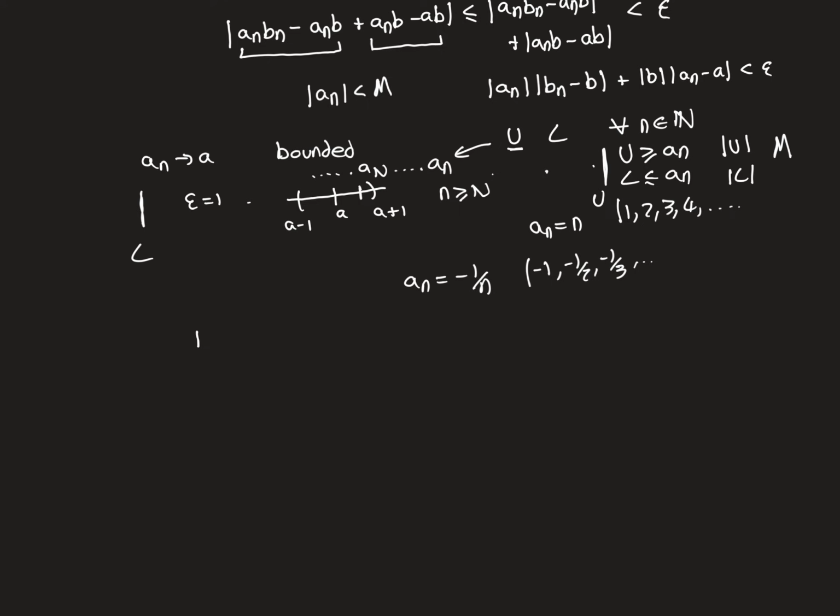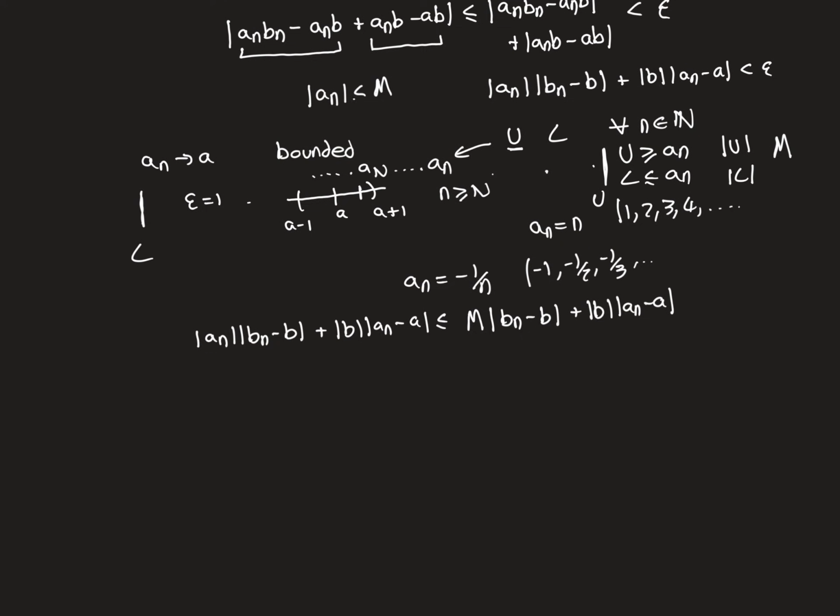So now I'm going to write another inequality. So mod of a_n times mod of b_n minus b plus mod of b times mod of a_n minus a is going to be less than or equal to this M times mod of b_n minus b plus mod of b times mod of a_n minus a. So that inequality comes from this inequality here.